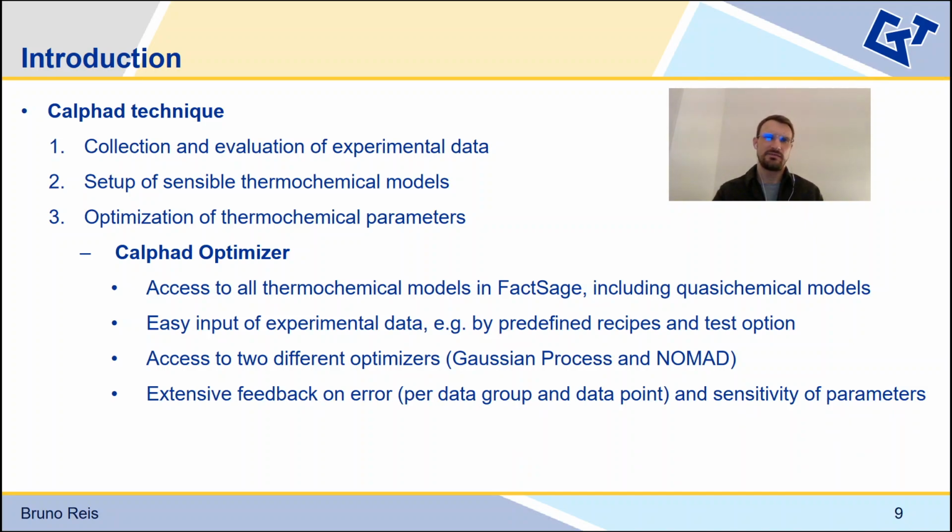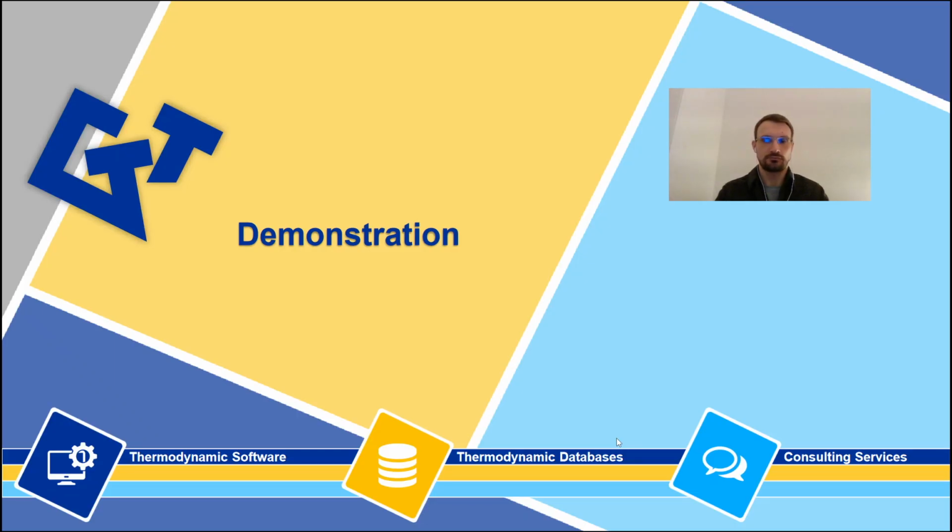And there is extensive feedback on errors per data groups or per data points. And there's even sensitivity of parameters to be analyzed. And all of this is available in an intuitive graphic user interface that I'm going to demonstrate to you right now.